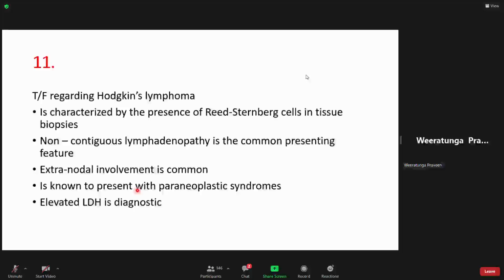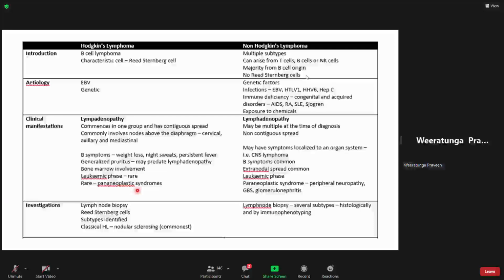Okay. Now, when it comes to lymphoma, lymphoma again is a very, very complicated area. At an undergraduate level, we talk about Hodgkin's lymphoma and non-Hodgkin's lymphoma. Now, hematology has gone a long way over the last 5 or 6 years, because there's a lot of genetics and immunology in hematology now.